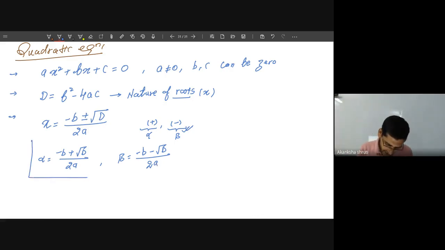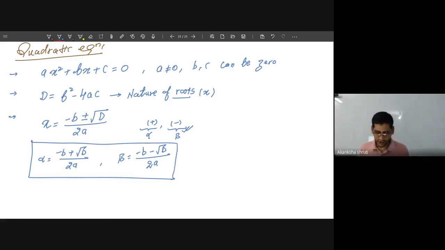Students, now we are going to start from here. What is the sum of the roots and product of the roots? The two roots are alpha and beta. They can be equal if the discriminant value d is 0, which we have also learned.